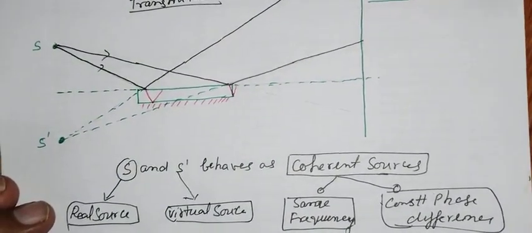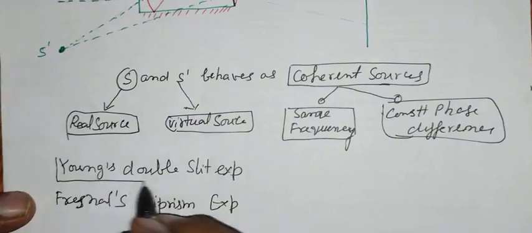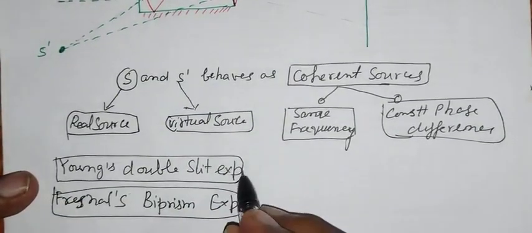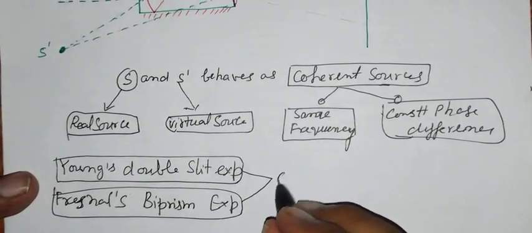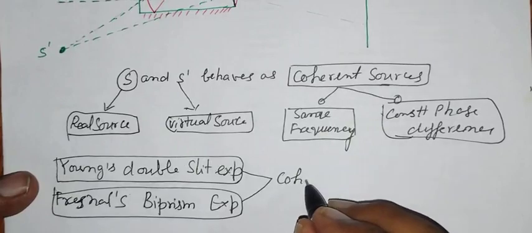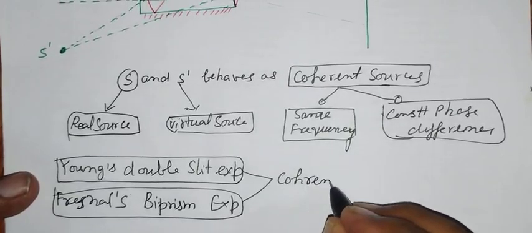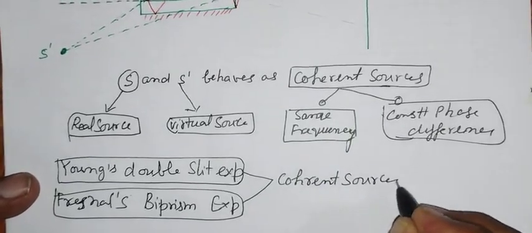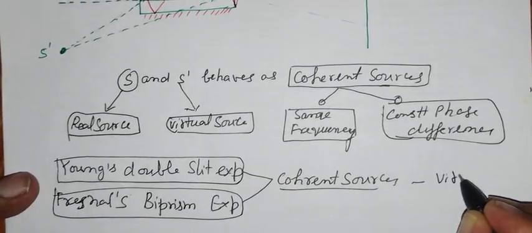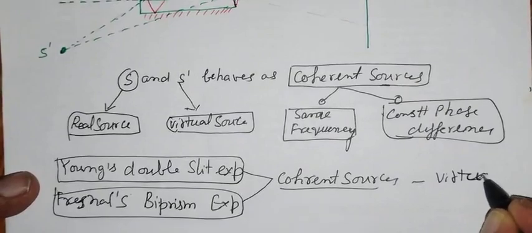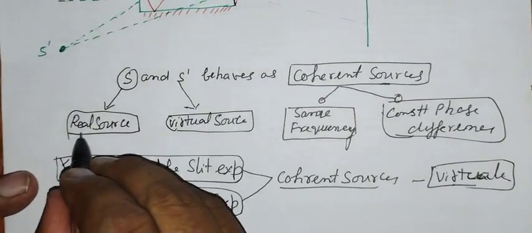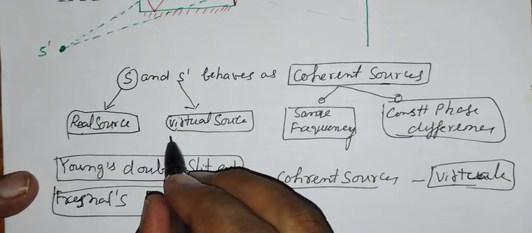In Young double slit experiment and Fresnel biprism experiment, in both experiments the coherent sources formed are both virtual. But here one is real, another virtual.